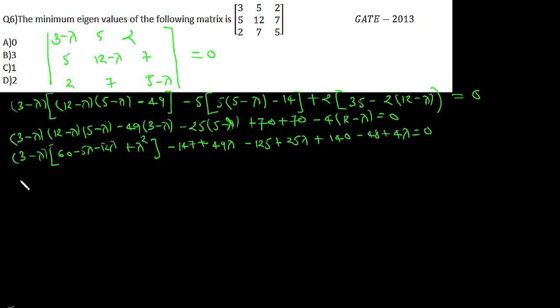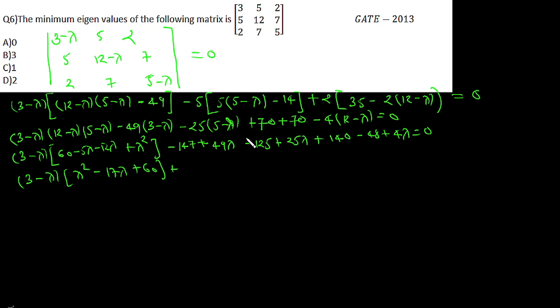Now simplify further. We get lambda square minus 17 lambda plus 60. Let's write the lambda terms first: 49 lambda, 25, and 4.